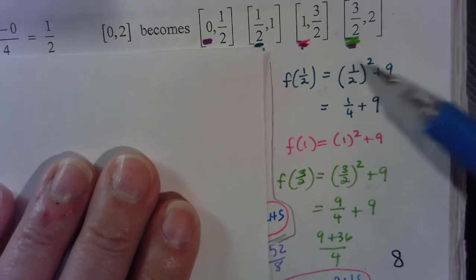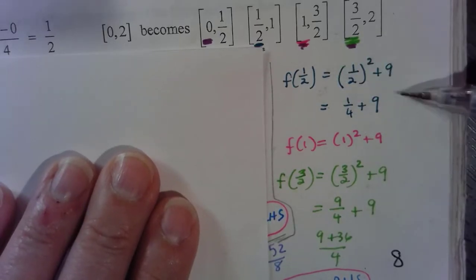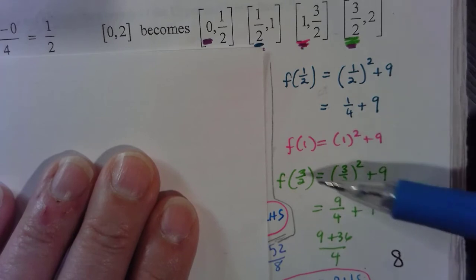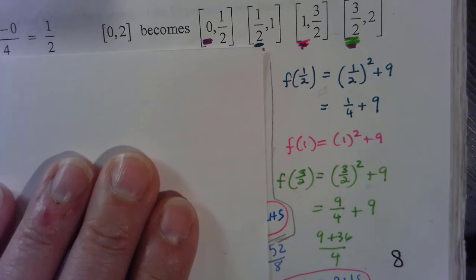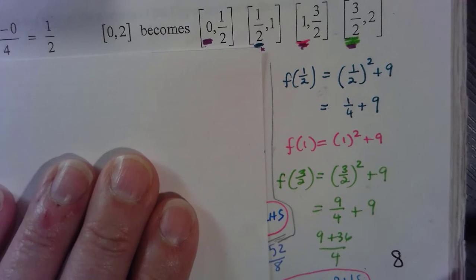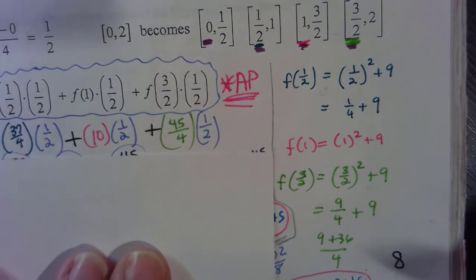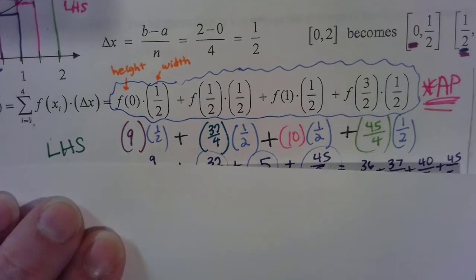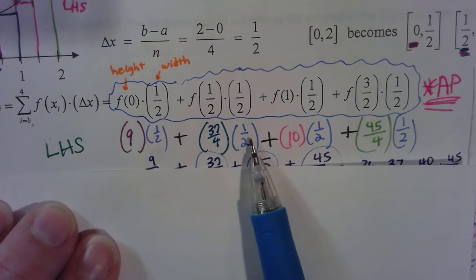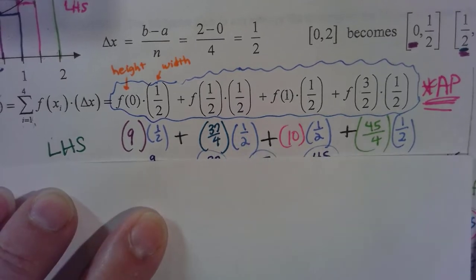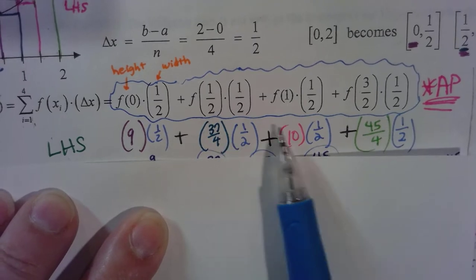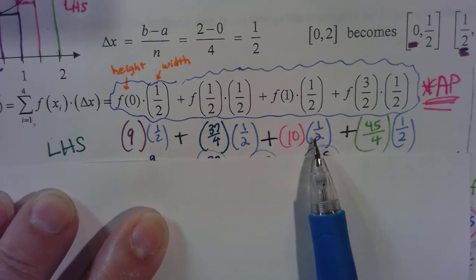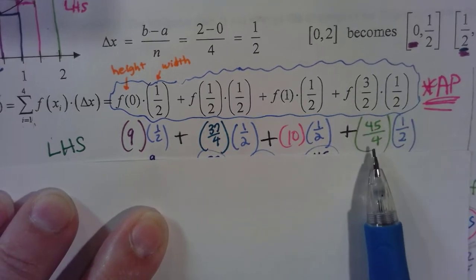So you could go over here to the side and find f of 1/2, f of 1, f of 3/2. Obviously, f of 0 is going to be 0 plus 9, which is 9. And we get these values. So that's 9 times 1/2 plus, we found this to be 9 plus 1/4 is 37/4 times 1/2 plus f of 1 is 10 times 1/2 plus f of 3/2 is 45/4 times 1/2.